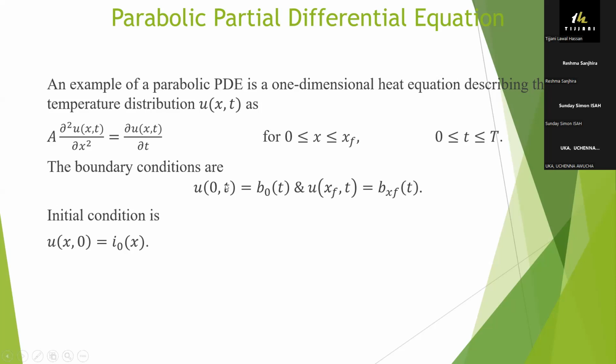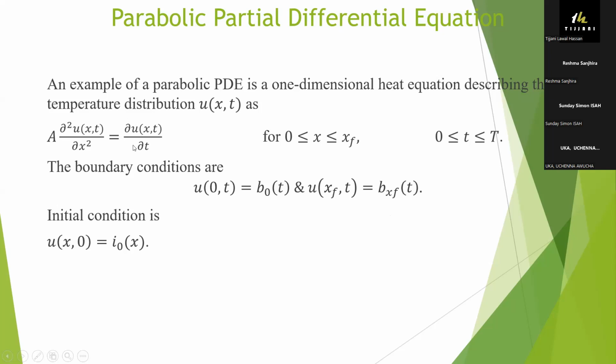So this is the partial differential equation. The boundary conditions are u(0,t) equal to b0(t) and u(L,t) equal to b1(t). Since it is a second order derivative in the spatial variable, you require two boundary conditions.